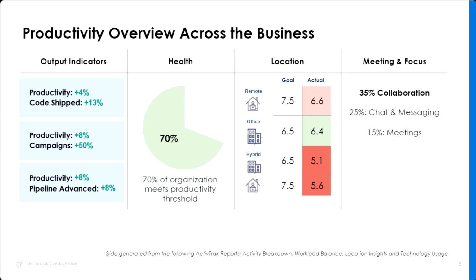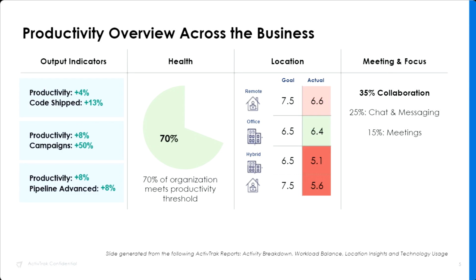And a very popular topic right now, the extent to which meeting time and focus time is being impacted by chat and messaging and in-office or digital meetings. So here's a quick view at a high level of this presentation on what you could share with an executive team across all three of these topics.